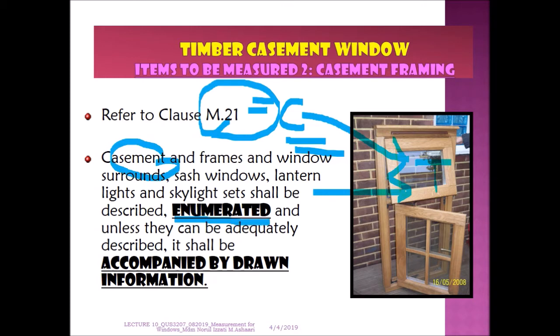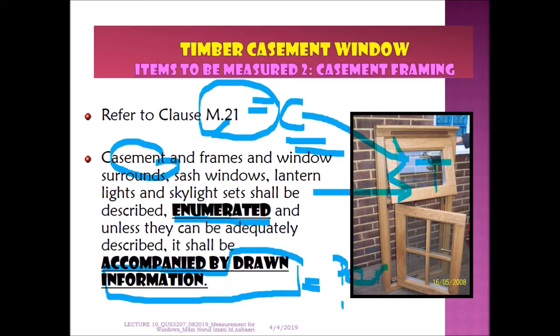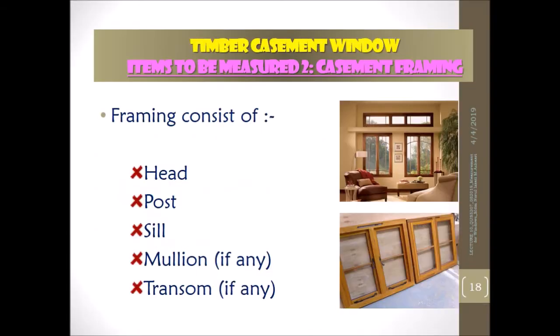So can you check your SMM under clause M.21? But remember, in your description, you have to write the drawn information. Normally we have to write down, okay, this one as per drawing number 1 or per drawing number A. So measure in number, but in the description you have to write down the information.